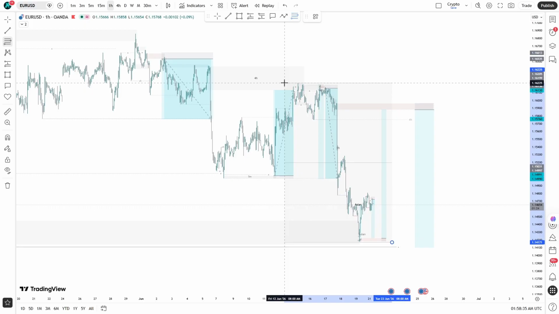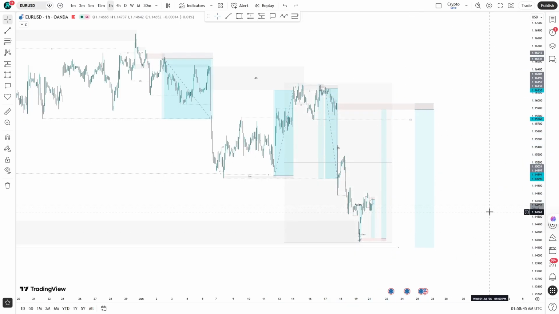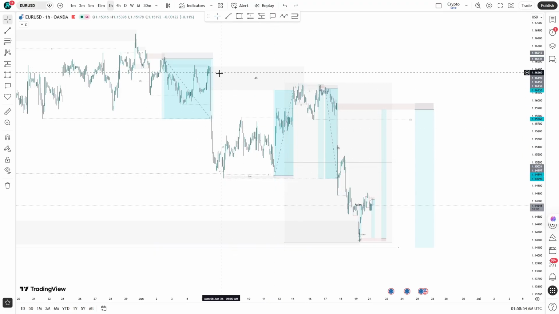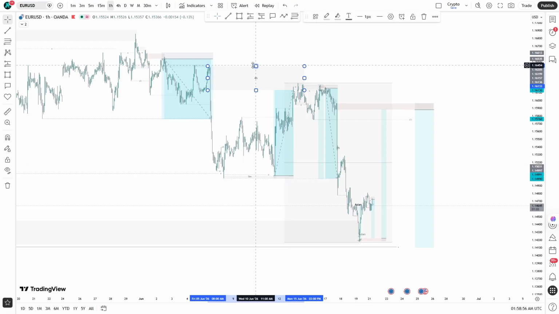We're expecting the market to come up to that point before dropping. What we're looking at is the same thing that happened here: the change of character, then the mitigation up to this 4 hours supply. We expect the market to do that same thing too.